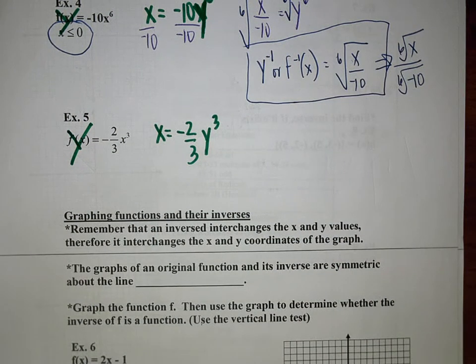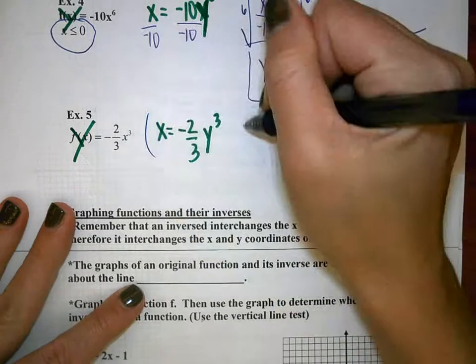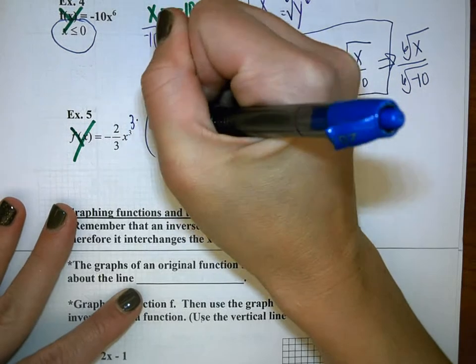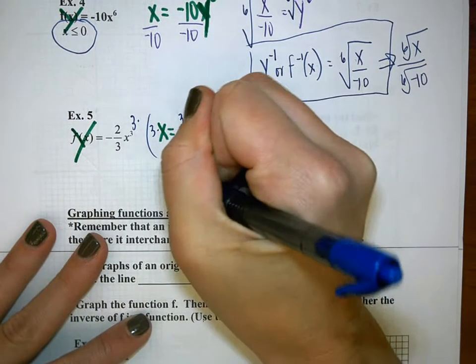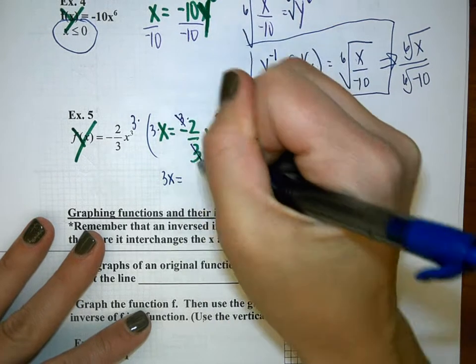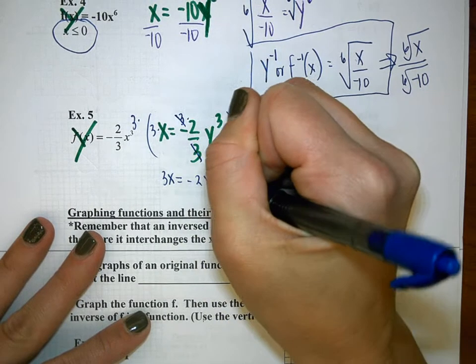If you want to, you could multiply by the reciprocal, like negative 3/2. If that doesn't make sense to you and you just want to get rid of fractions and multiply everything by 3 first, that also works. So I'm just going to do it that way. So we're going to multiply everything by 3. So I end up with 3x equals, here the 3's cancel, and I get negative 2y to the 3rd.